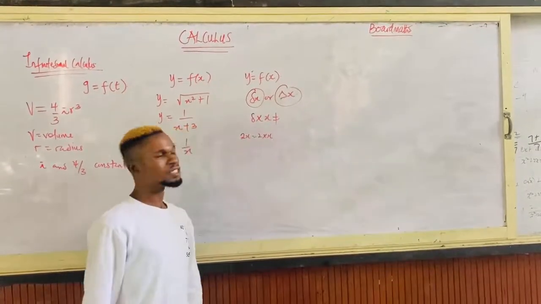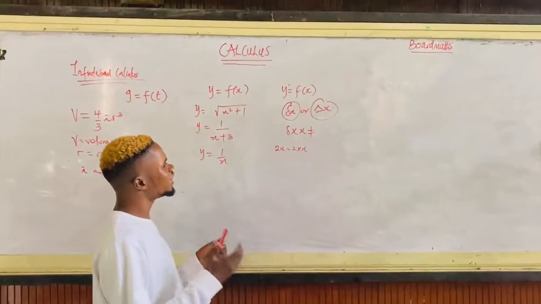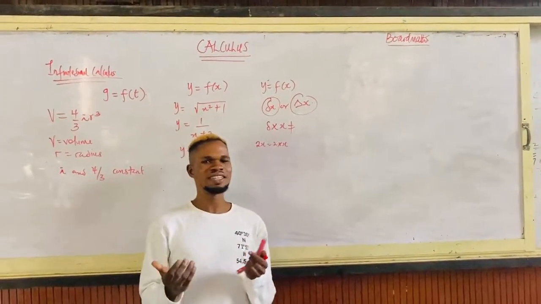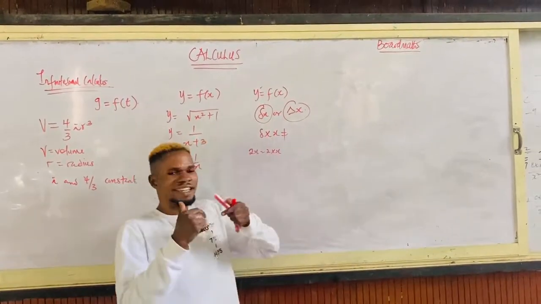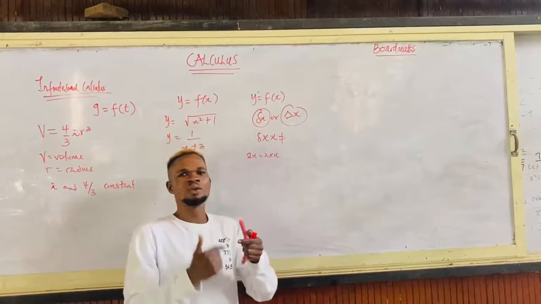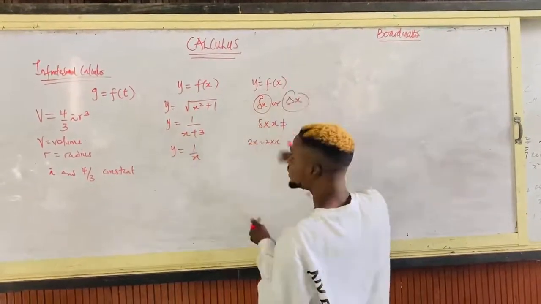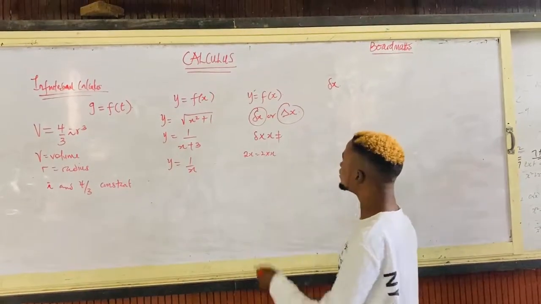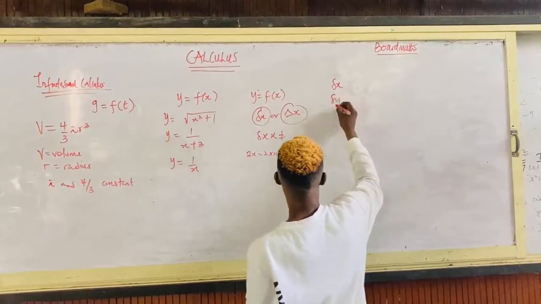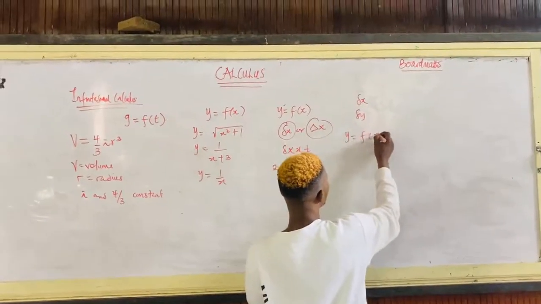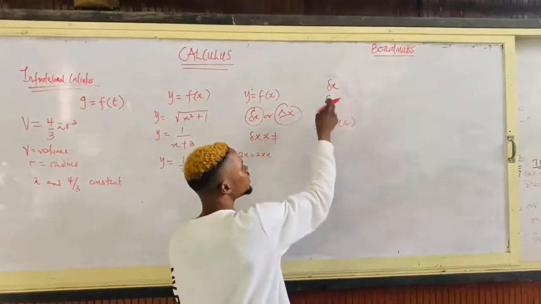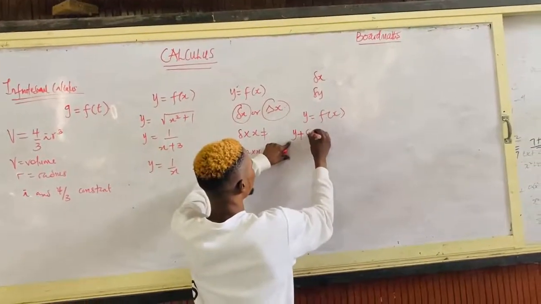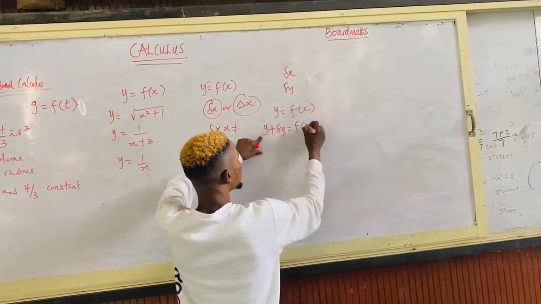We take it as del x. Now, since we know that y is a function of x, y depends on x for its own value. X is an independent variable. So when there's an increment in x, there will be a corresponding increment in y. If the increment in x is taken as del x, and the increment in y is taken as del y, then y plus del y is equal to f of x plus del x.